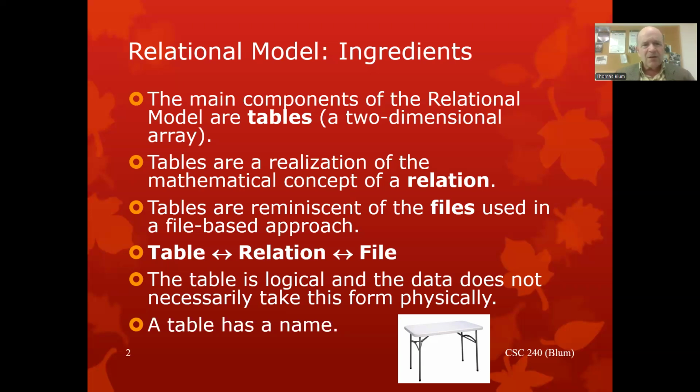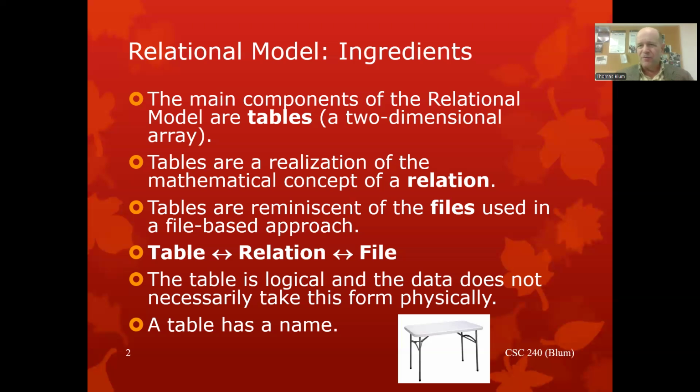So we will do that. But we have this idea of a relation, which is going to end up as being a table. We'll talk about how they often represent an entity, though they can possibly represent a relationship.